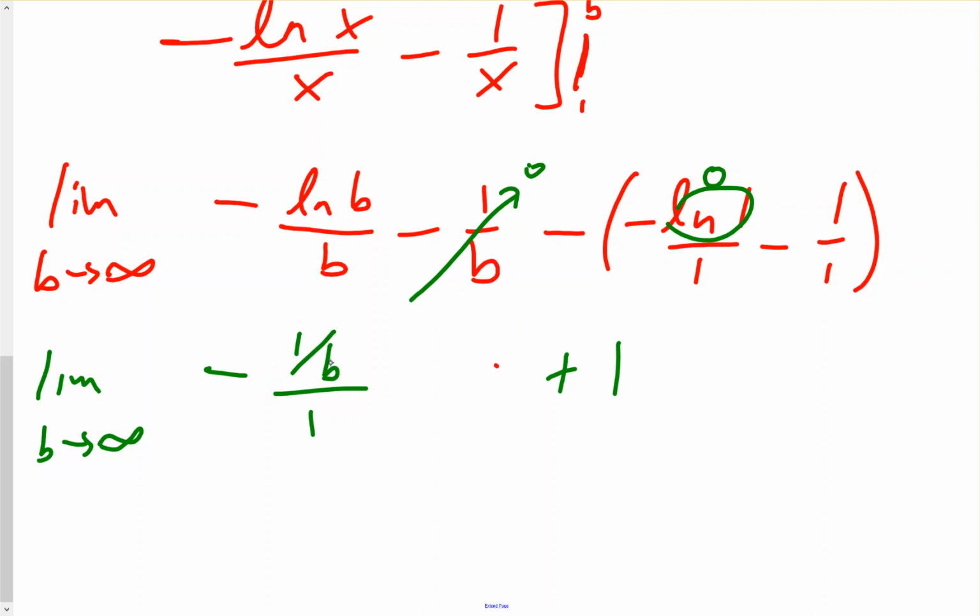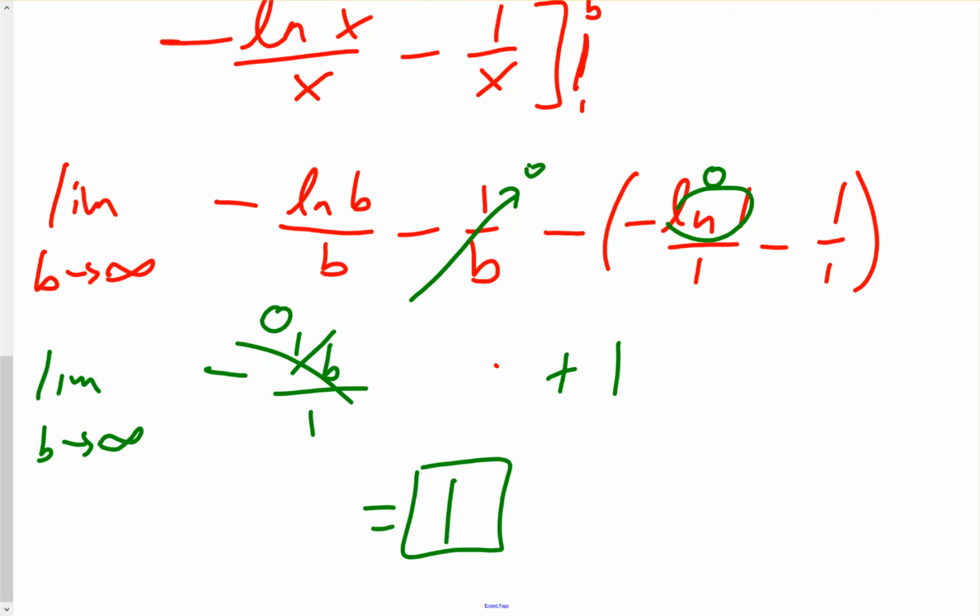Because b is getting really big. Numerator becomes 0. So this is 0 then. And then we have 0 plus 1. So we end up with 1. So therefore the improper integral converges and the area has a finite value of 1. Okay.